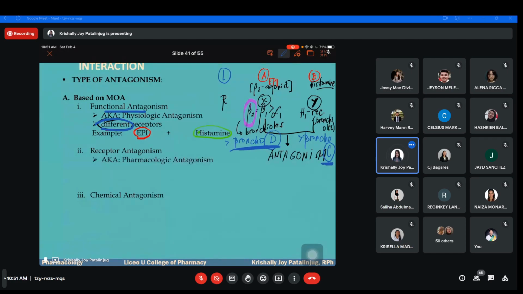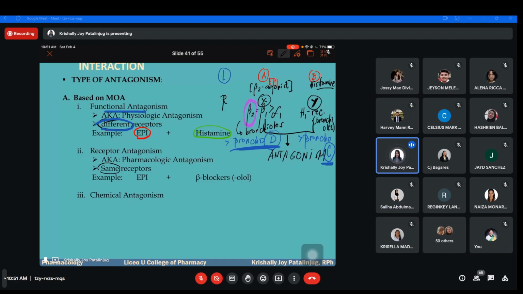Okay, let's proceed. Receptor antagonism naman, this is also known as pharmacologic antagonism. Okay, so this time, ganun pa rin, dalawang gamot, dalawang substances, and when they are about to bind on the receptor, same receptor sila, nagbabind this time. Okay? And then, upon binding to that same receptor, antagonistic yung response nila.